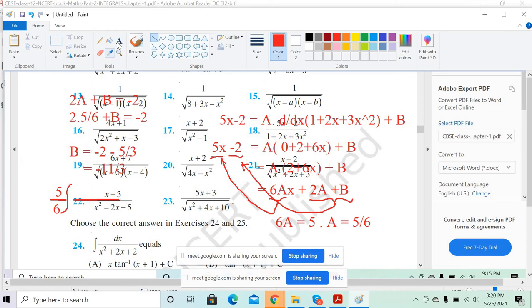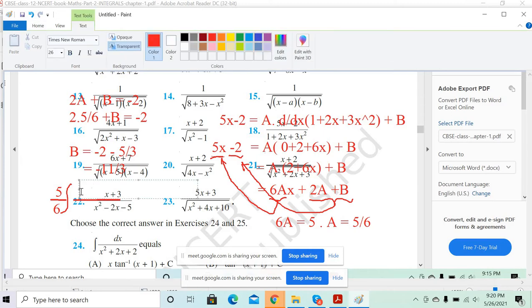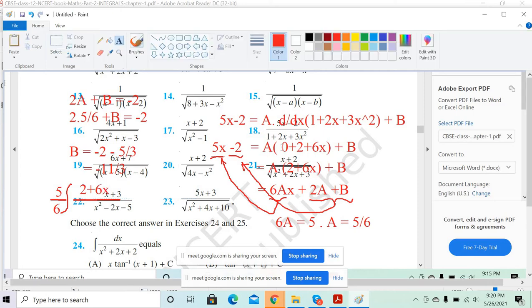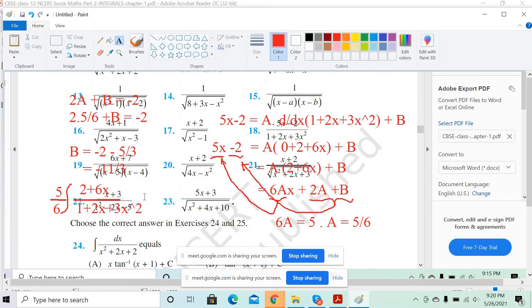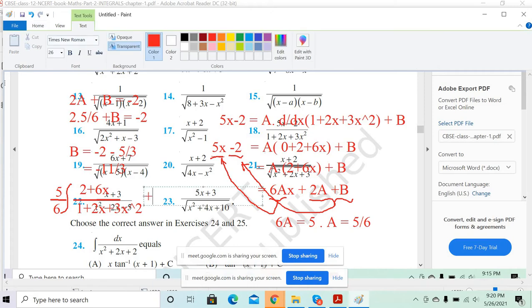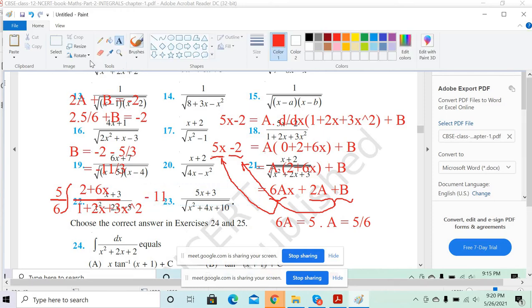Yeah. So you can write 2 plus 6x here, divided by the denominator, which is nothing but 1 plus 2x plus 3x square, right? Correct? Yes, sir. Plus, again, the constant is minus 11 by 3. So you put a minus sign here, minus 11 by 3.